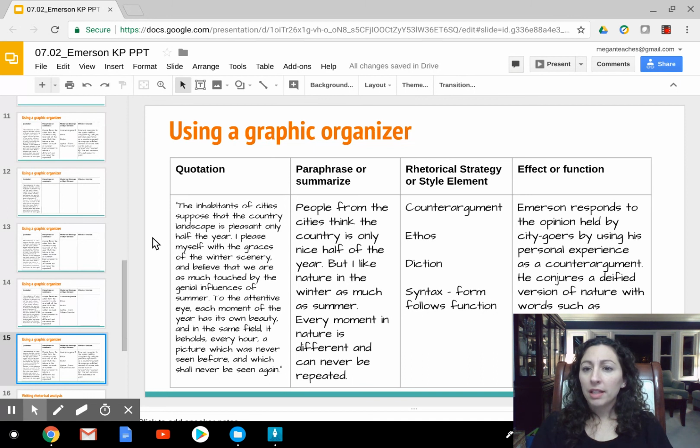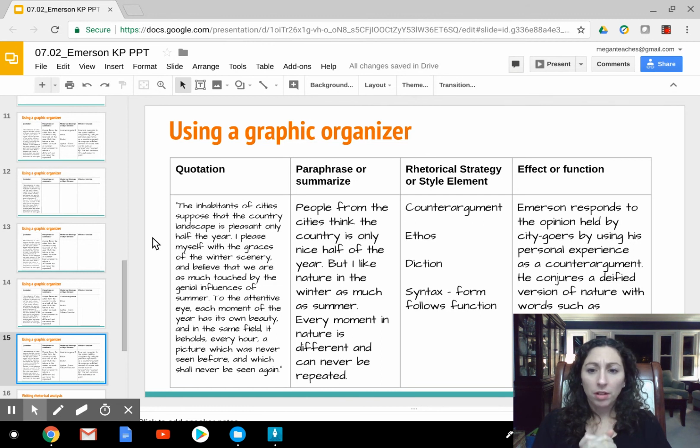So I said that he responds to the opinion held by citygoers by using his personal experience as a counterargument. He conjures a deified version of nature with words such as graces and touched by, and that the last sentence flits and mimics his point. So those are some of my notes on the effects or function, but that's not really a polished version.